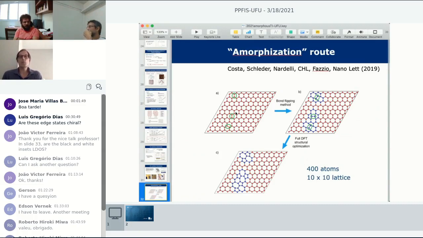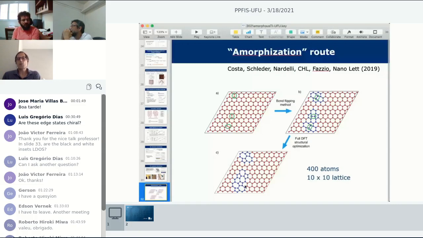We start with Bismuthene, and we use one of these models that people are happy with to generate amorphous materials. So we start flipping the bonds. Every time we flip the bonds, these guys, who are really good at DFT calculations, do a full relaxation using DFT. So it's a heavy computation that takes into account all the properties of the material.